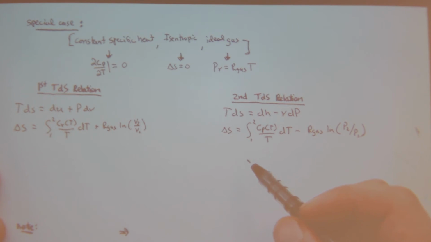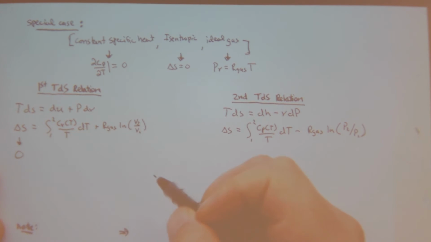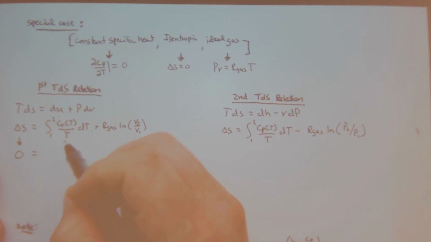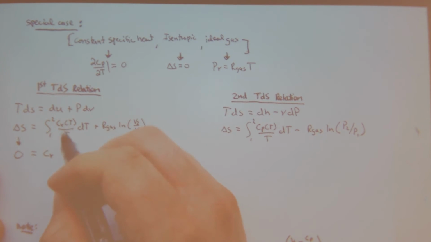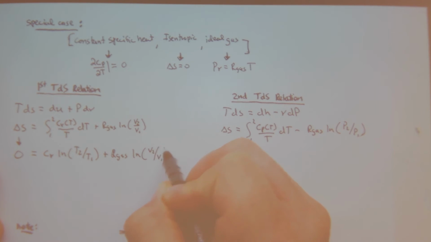And I have isentropic, so delta S is equal to 0, which equals Cv natural log T2 over T1 plus R gas natural log V2 over V1.